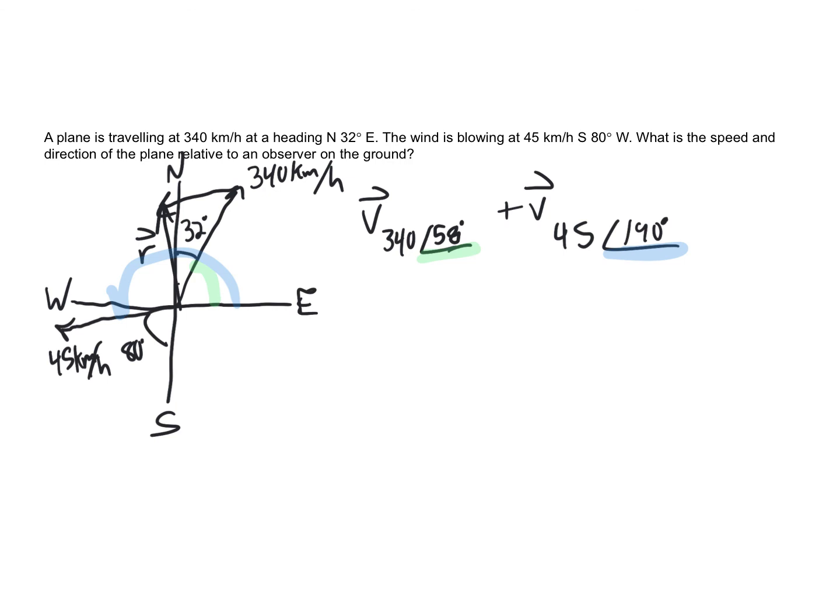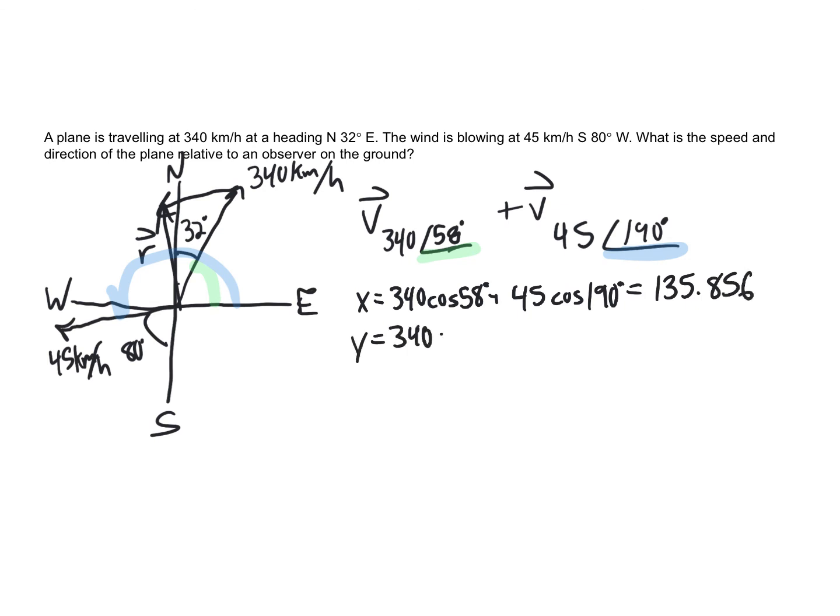From there, we do our same idea. Find your x and y components. So x is 340 cos 58 plus 45 cos 190, which is 135.856. And then your y, which is 280.522.